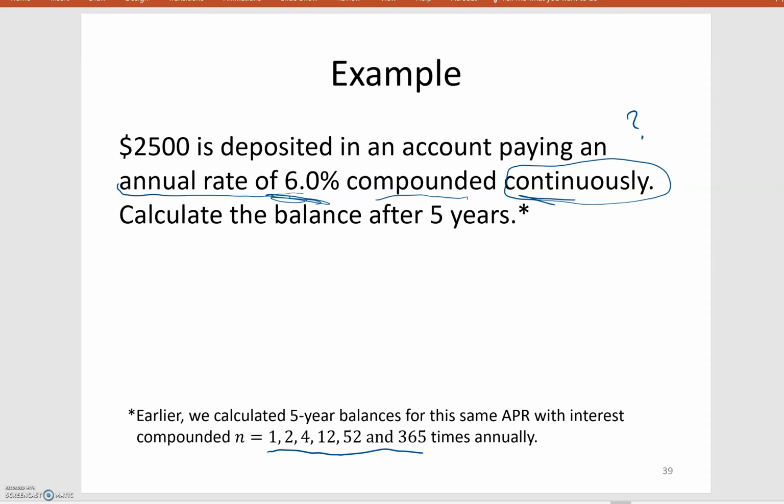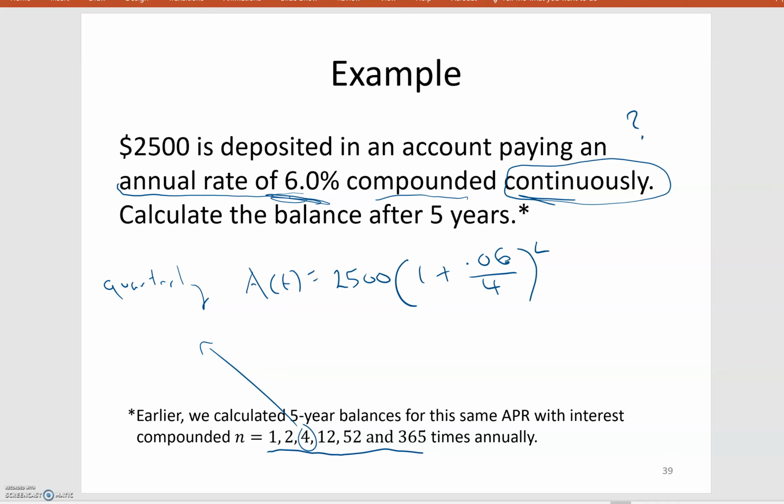And just to remind you, for example, the quarterly looked like this. The amount in the account would be $2,500 times 1 plus 0.06, that's your APR, divided by 4, to the 4t, and then we would evaluate A at 5, and that would be our answer.